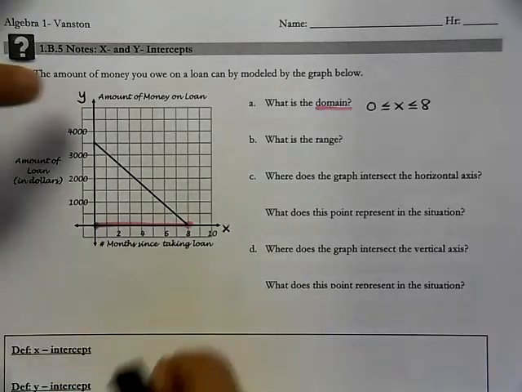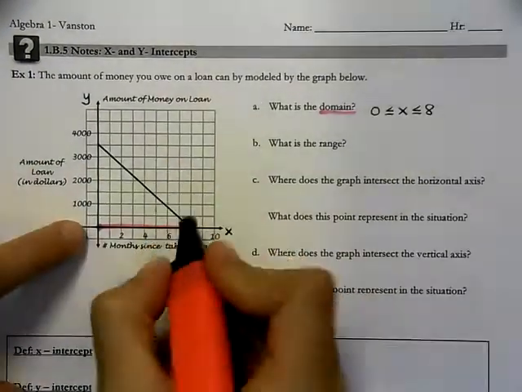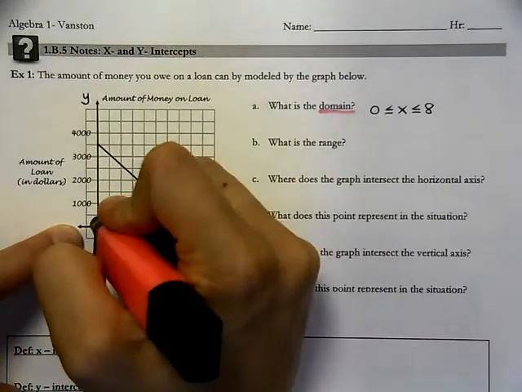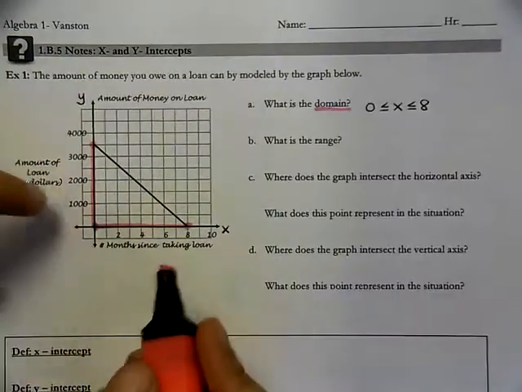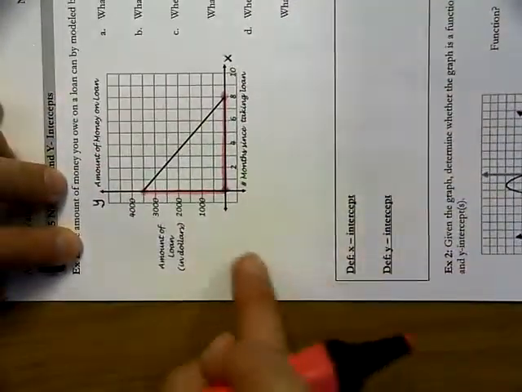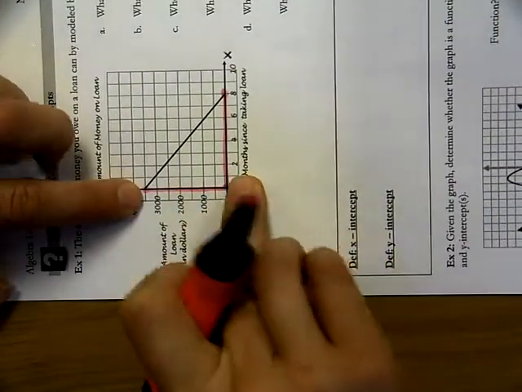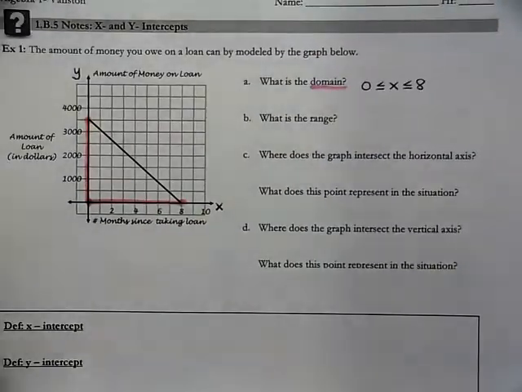The range are the possible output values, or the y values. When I do that, I'm going to be looking up and down on the y-axis. So I go where it starts. The graph starts down here, and it goes all the way up, and then stops there. So the y values are everything along here. Again, if you picture this like a number line, you're looking at just a segment, so we would need a compound inequality in order to name this range.